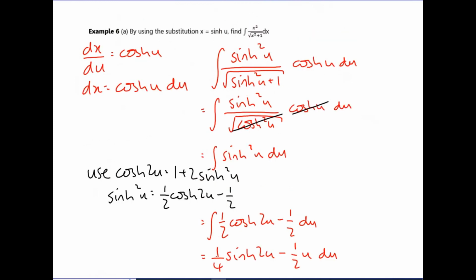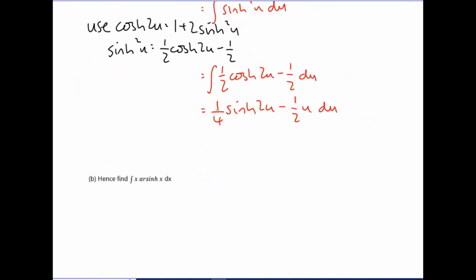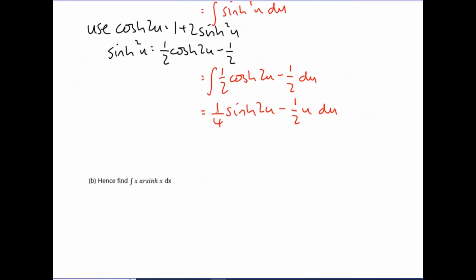We need to turn it back into terms of x. So x is sinh u, remember? x equals sinh u, u equals inverse sinh x. Sorry, or you could use the ln definition if you like. Sinh 2u, we need to use the double angle formula for that. So sinh 2u is 2 sinh u cosh u.